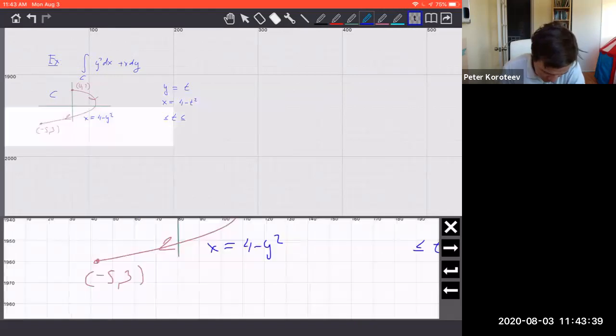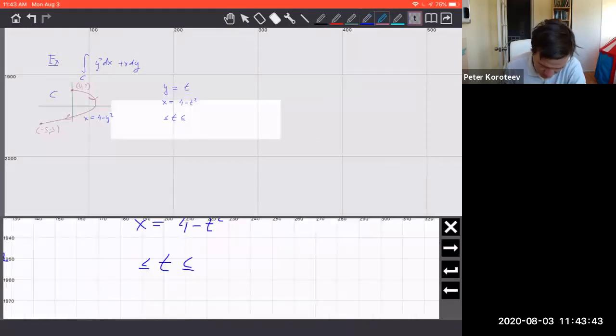So it's -5 minus t, actually. I'm sorry, -5 minus t. So t changes between, yeah, -1 and -2, but it goes in the opposite direction, right? So -3 and 1, but we're integrating from 1 to -3.